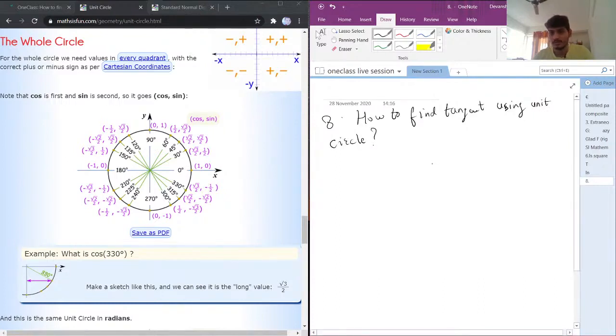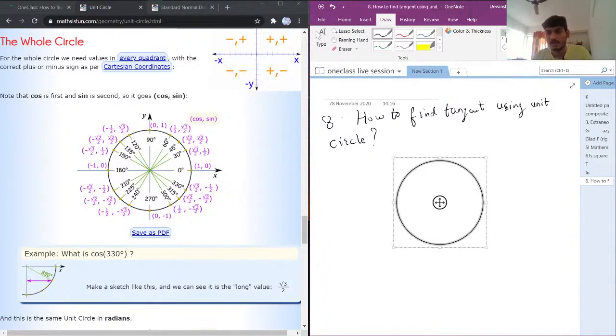So I'll just draw a circle here. Looks pretty good. Okay, I'll draw the axis also.